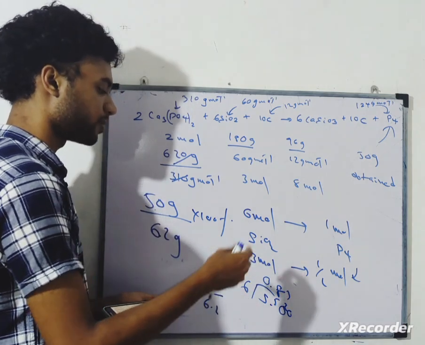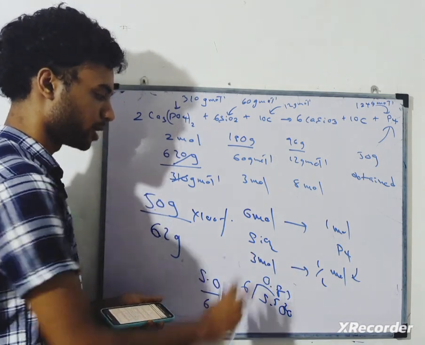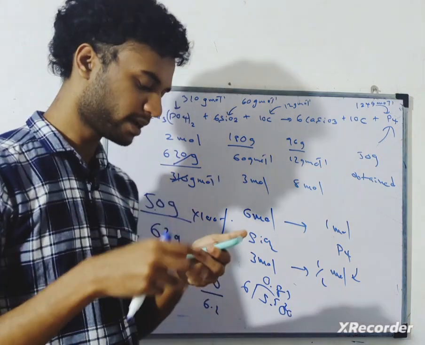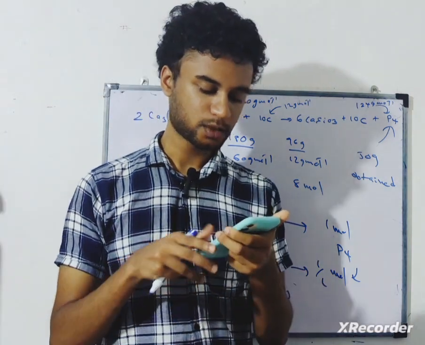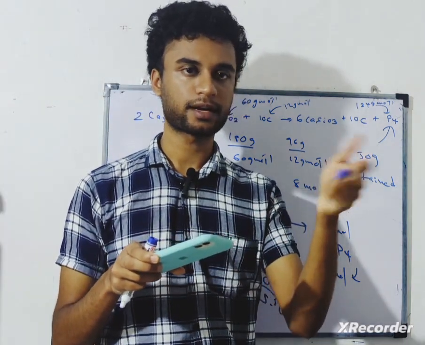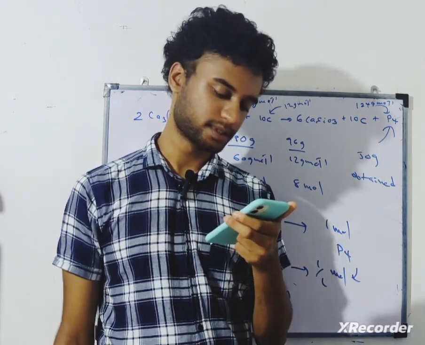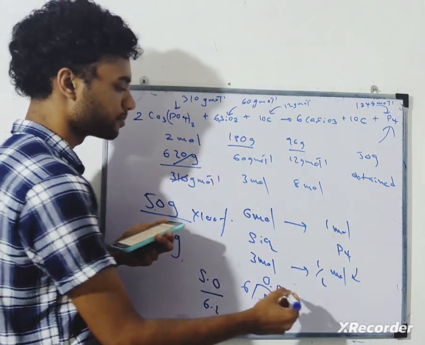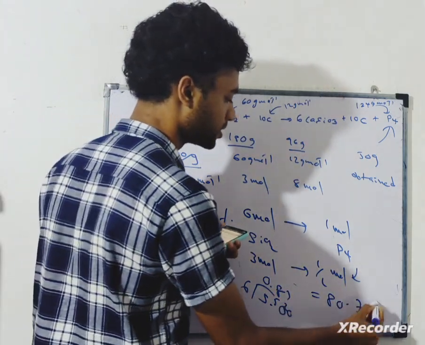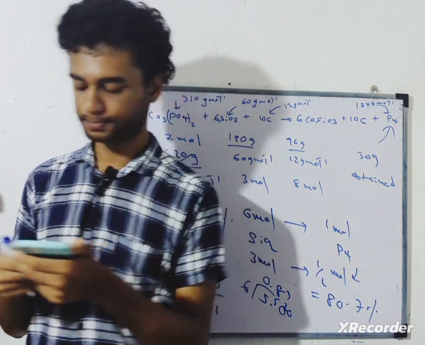Therefore, it should be a number greater than 70%. So multiply this by 100. Anyway, it should be greater than 70%, so obviously 70-80%, that kind of range. So the answer is going to be the second one, because 80.7% is the answer. So you get 80.7% to be the percentage yield, right? Okay.